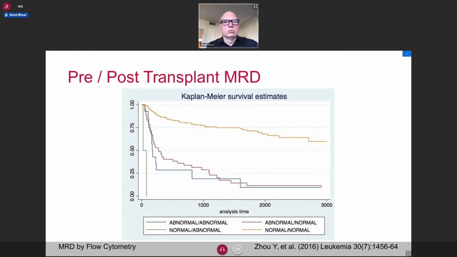Everyone else did relatively poorly. Patients that had no evidence of MRD going into transplant, but who developed MRD after transplant were a horrible group. They're on the far left because they're basically relapsing through transplant. And if you detected MRD going into transplant, it didn't matter what happened after transplant, you had a horrible outcome.